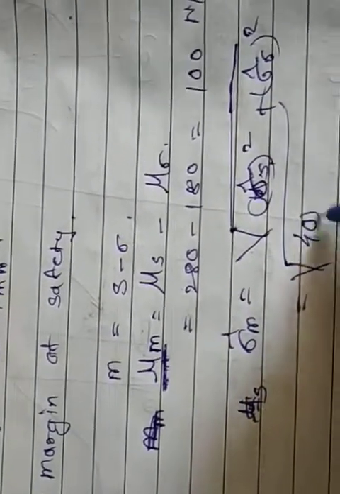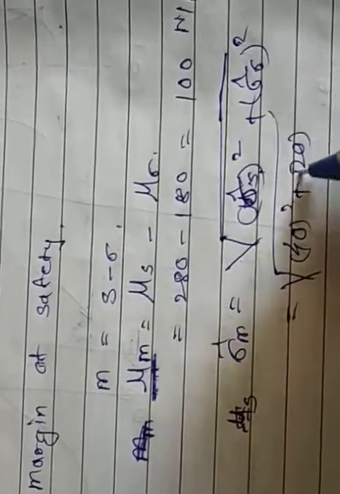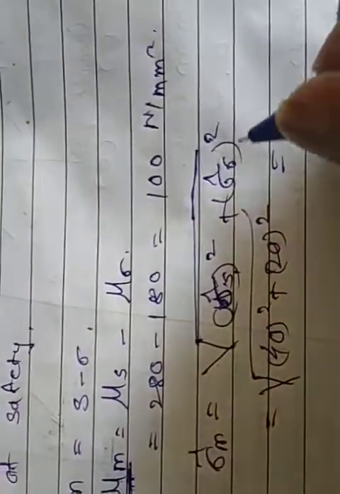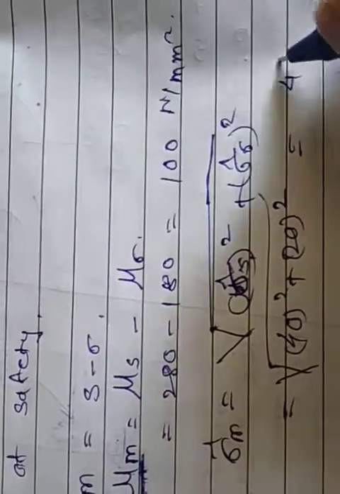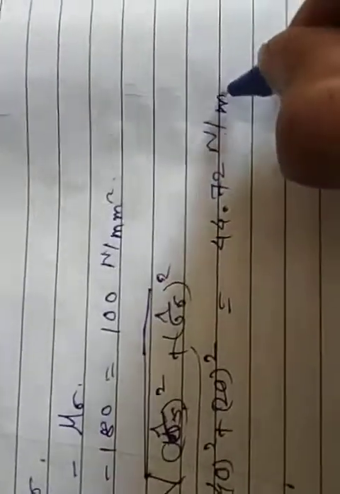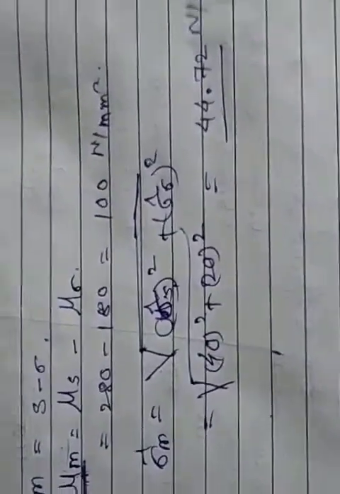And we have its standard deviation also, 40 square plus 20 square, and finally we will get it as 44.72 Newton per mm square. So you have to solve this by yourself and check the values.